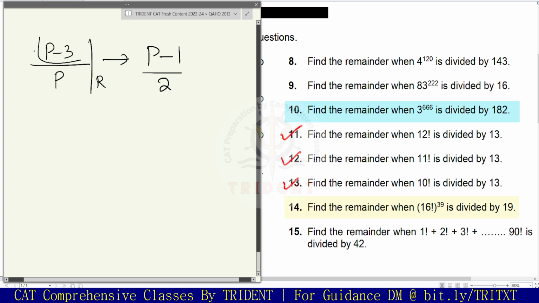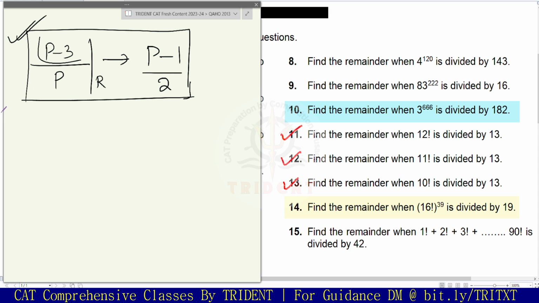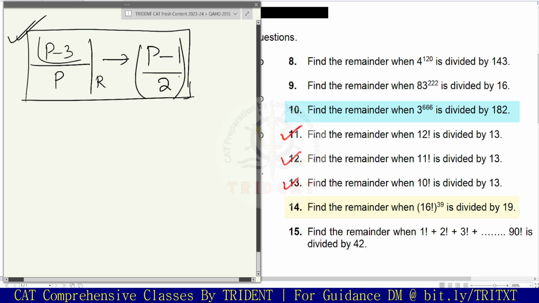This is something that you would have to remember, or your faculties would make you remember this through some methods. I will not ask you to learn them by heart. If you are my student, I would have given you logic. I'll give you the logic in this question also, as and when required. So Wilson's remainder theorem basically deals with factorials.